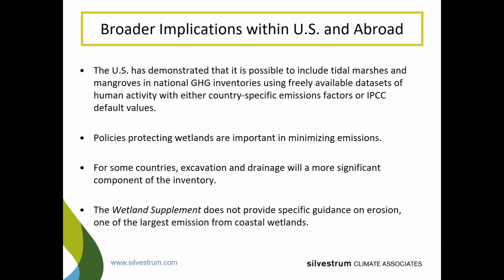The US has demonstrated that it is possible, using freely available data and a relatively complicated coastal system such as the US, to get a reasonable estimate of our carbon stock change and methane emissions for our coastal ecosystems. And so the same data is available to other countries, and they could apply these same procedures should they choose to recognize the stock changes and methane emissions for their coastal wetlands.